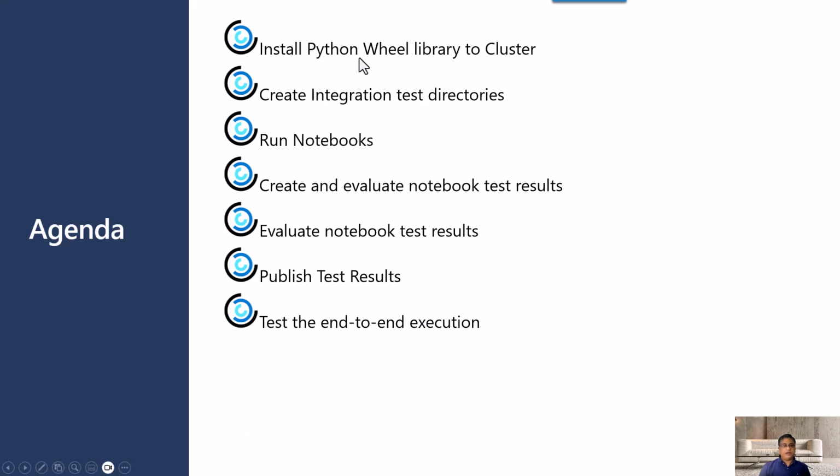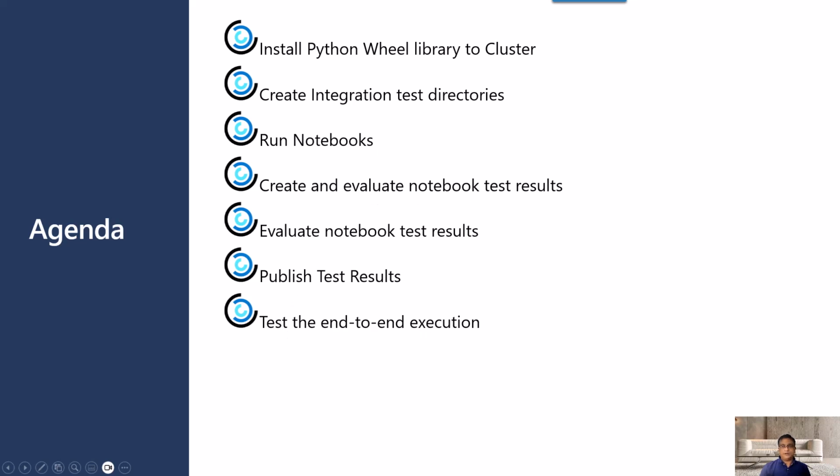Finally, we will install the Python wheel on the cluster and create the integration test directory so that the test results can be saved into the respective directories. Then we will run the notebook, and after running it, we will create and evaluate the notebook test results, and then publish these results. And finally, I will show you a quick demo of the end-to-end execution of this pipeline.